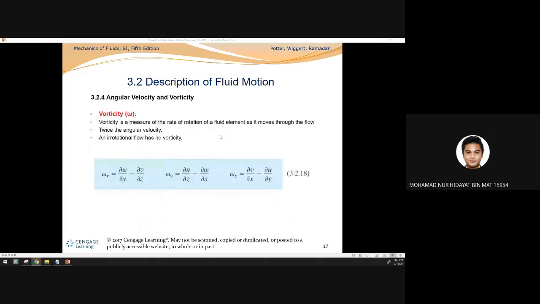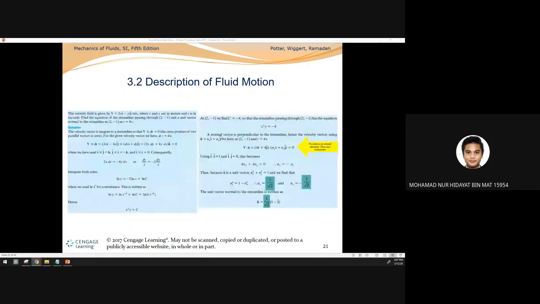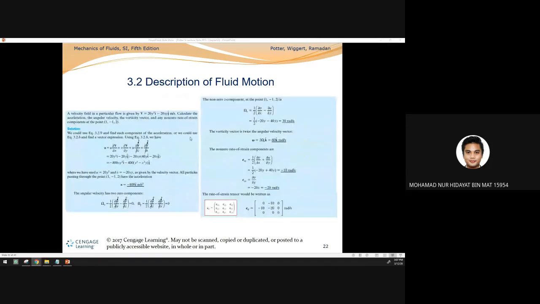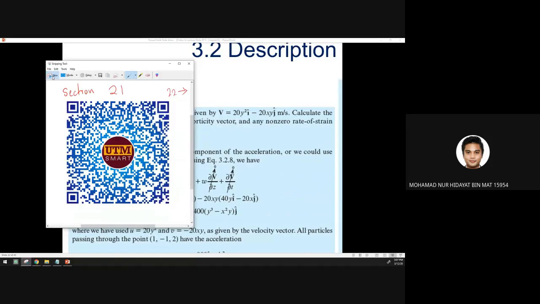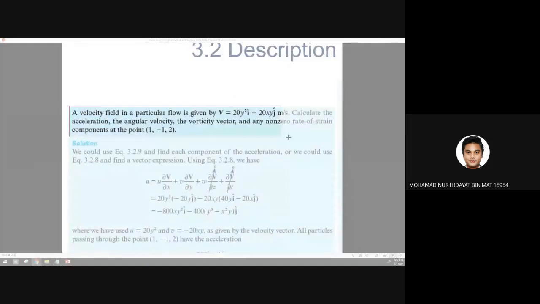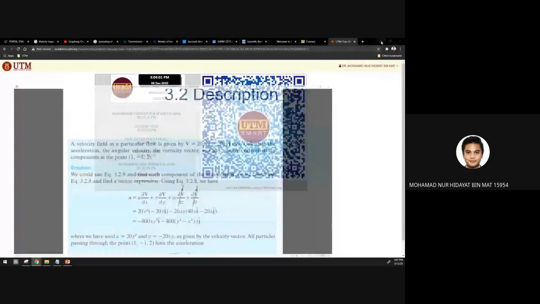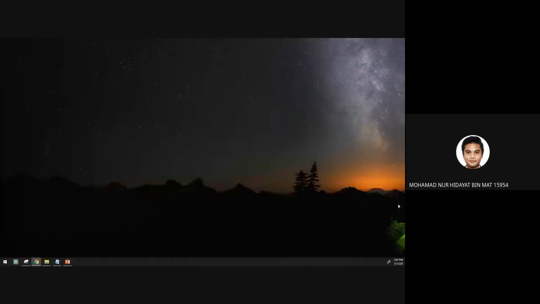So let's take a look at one example. This is an example. Let's try to work out on this. Let me open OneNote.